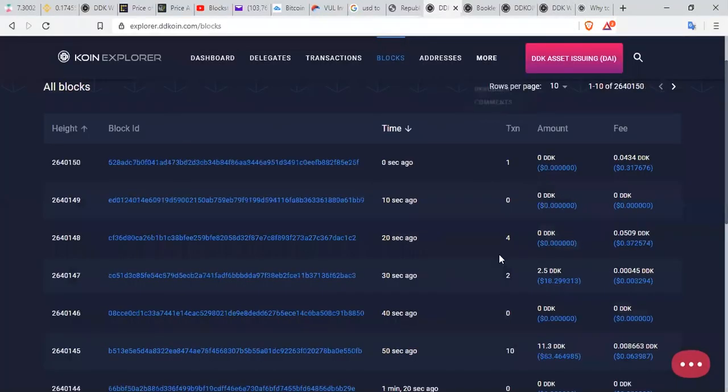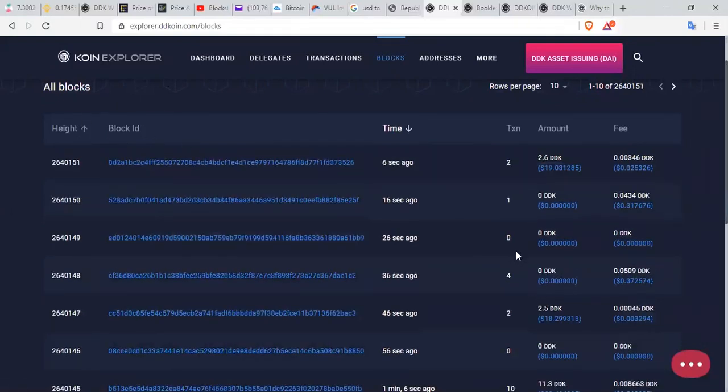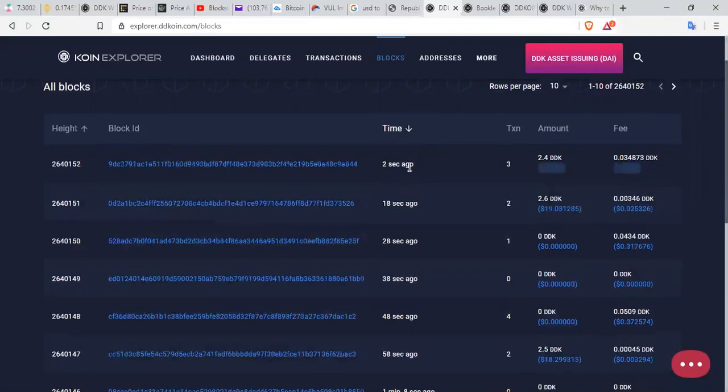So, mga kababayan, if you notice in the Explorer 2.0, there is a particular button here that brings you to all blocks, or the number of height or block ID that is being generated at a certain period of time. If you check, let's say here, you have the time here, 14 seconds ago, 25 seconds ago.